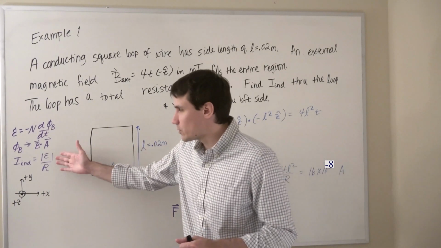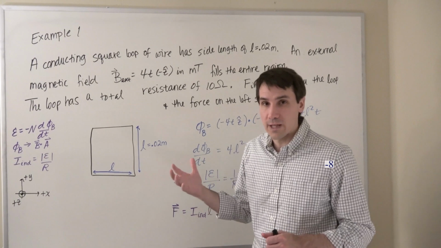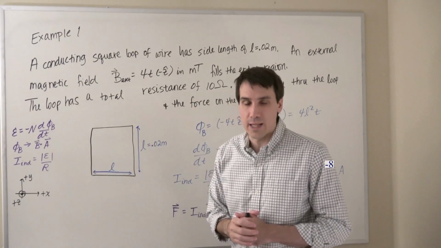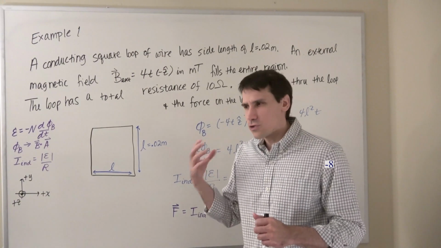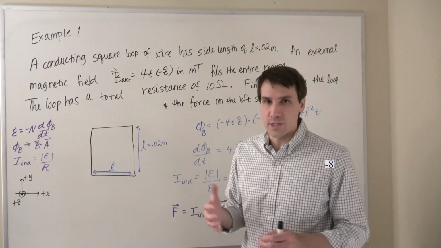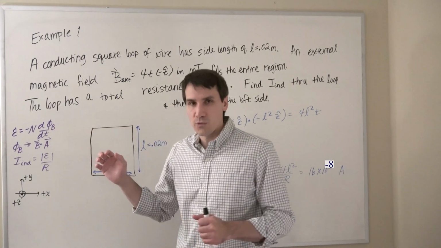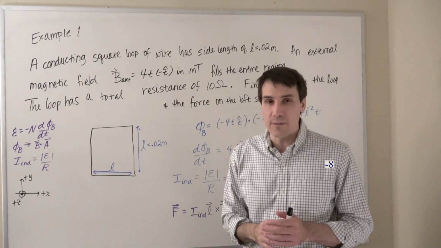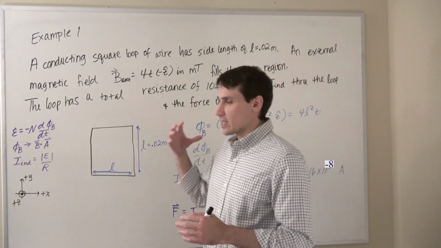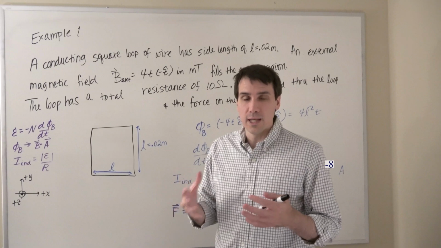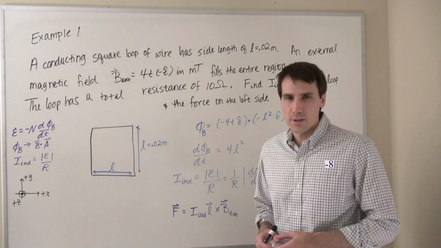And finally, we have Ohm's law, which will help us to determine the current once we know the EMF. Our general strategy for all of these problems is to use Faraday's law just to find the magnitude of the EMF, and then use our Lenz's law rules in order to find the direction.